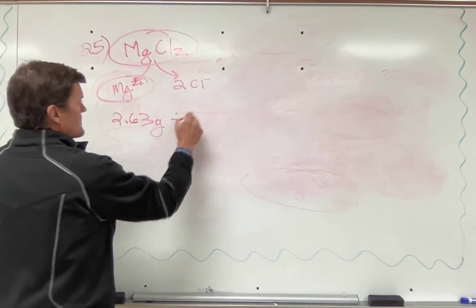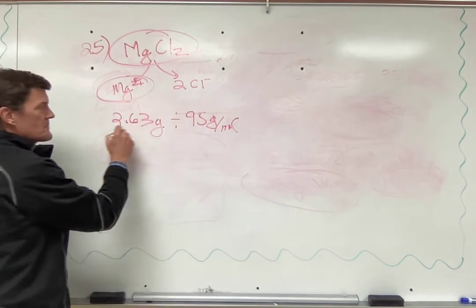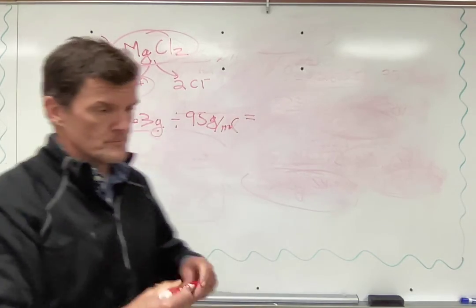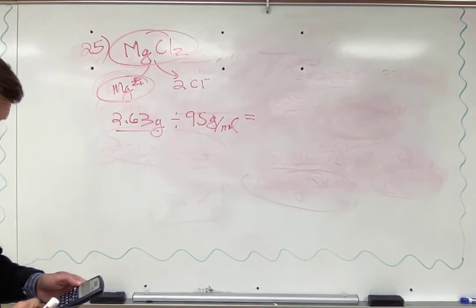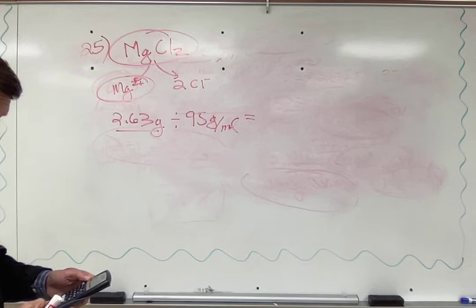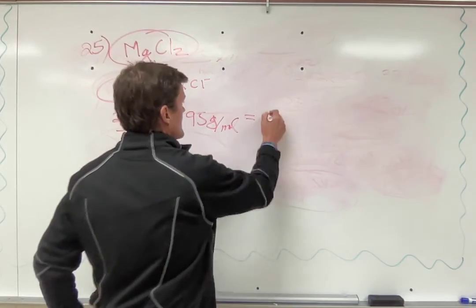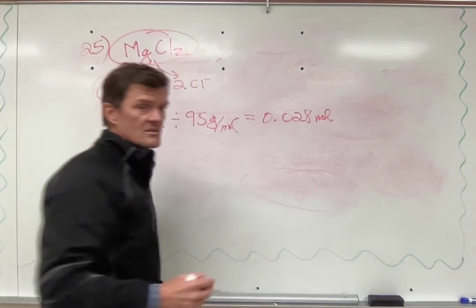I'm going to divide by the molar mass of 95. You have to be able to take mass and change it into moles by dividing by the molar mass, okay? So 2.63 divided by 95 is about 0.028. This is moles. That's how many moles I have.